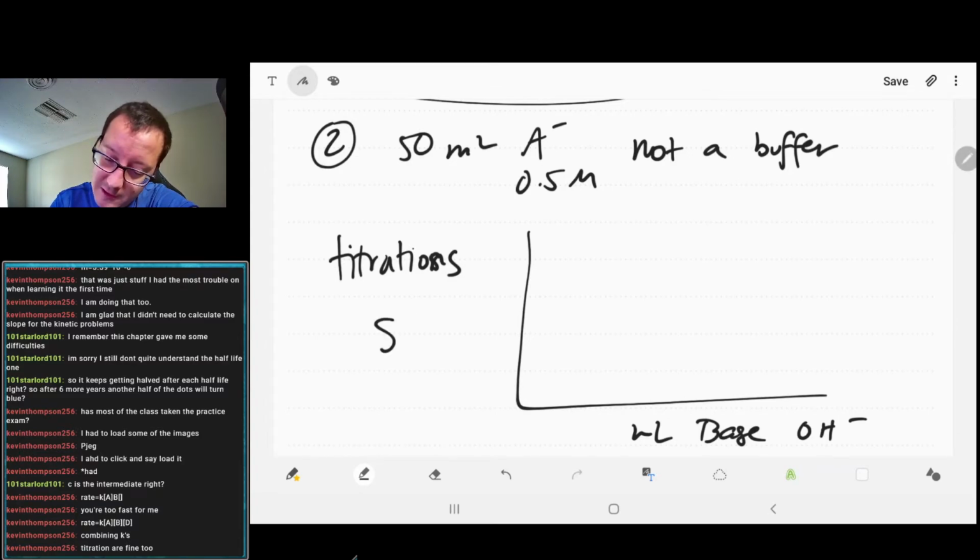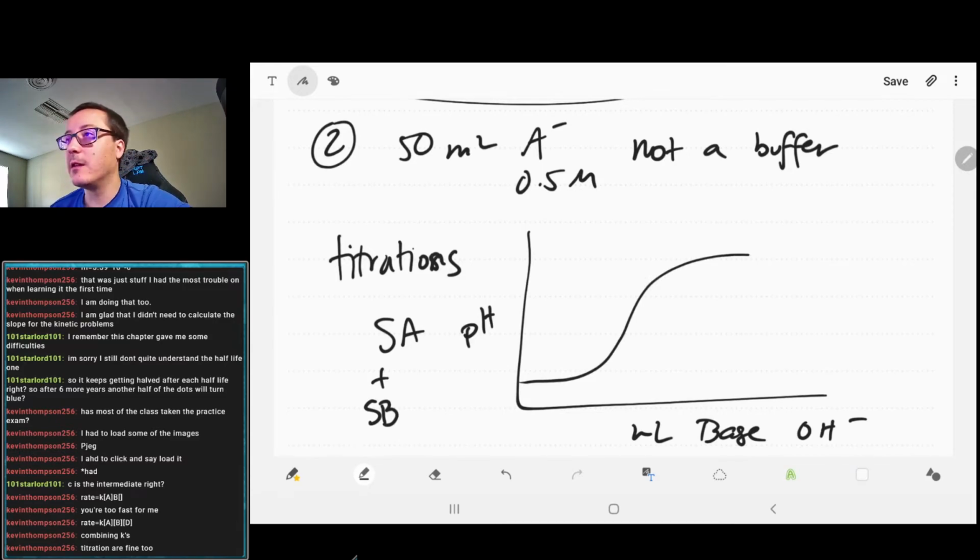If we have a strong acid plus a strong base, we're going to see something plain sigmoidal like that, where this will be our equivalence point at around pH 7.